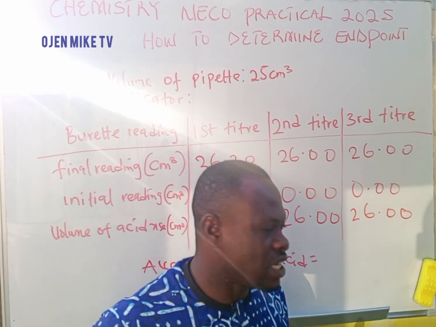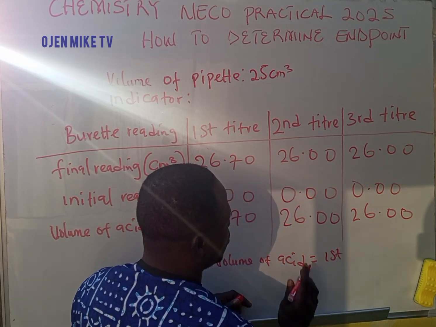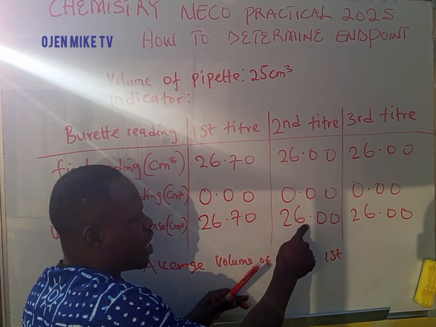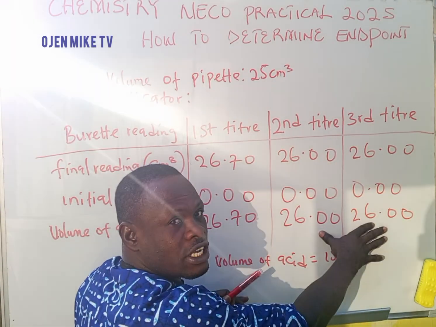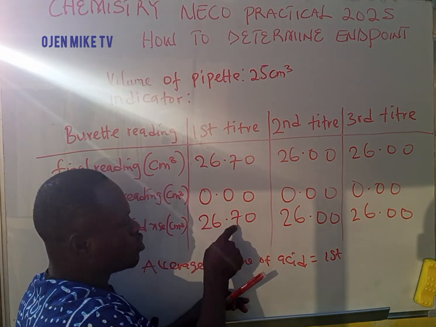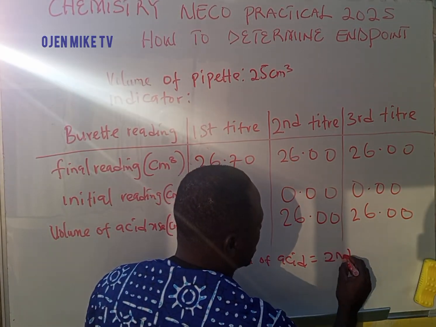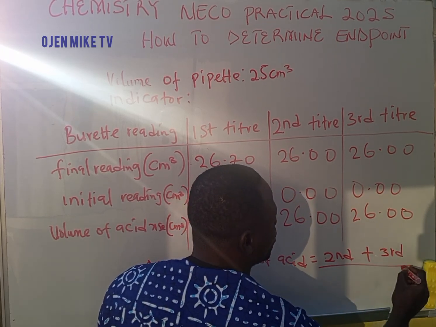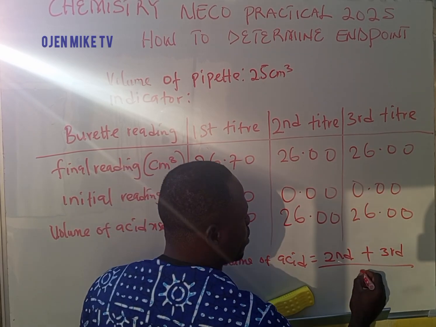Do you get that? So now you have what? First titre, but if you look at the concordant value here, you have 26.00, 26.00, which is the one that is the same. There is 26.7 here, so we are not going to take that one. So we are going to say second titre plus third titre divided by, because we are using only 2, divide by 2.